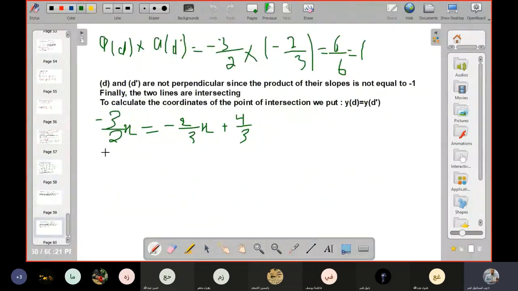This equation has denominators 2, 3, 3. What is the least common multiple of 2 and 3? 6.